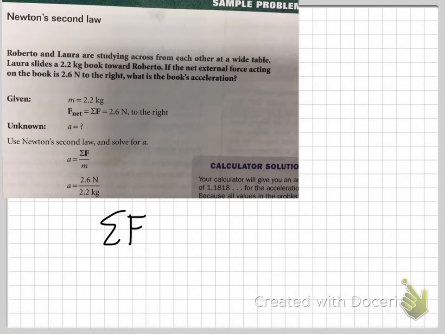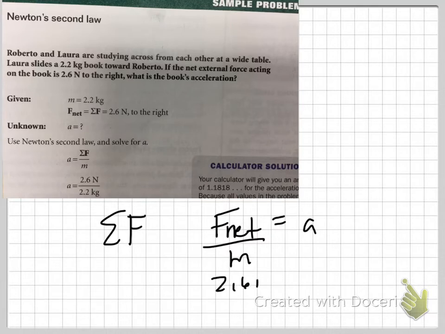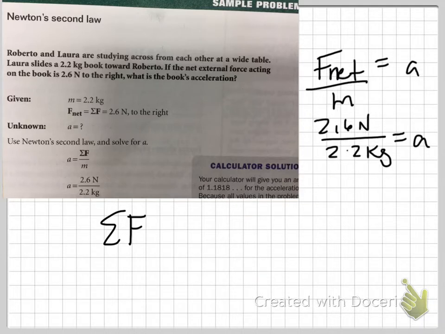Sum of forces, which we can start calling net force now because it's the sum of forces on all axes, equals mass times acceleration. We have the net force. We divide both sides by mass and we get acceleration. Would they all be that easy? Heck no. So we have 2.6 newtons divided by 2.2 kilograms equals some quantity of acceleration.